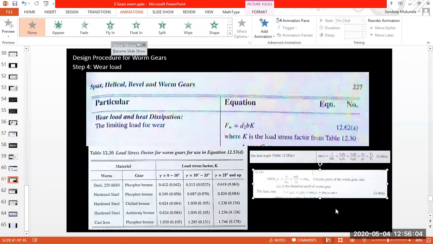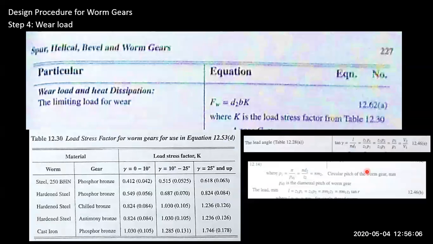L is written as pi m z1, so pi m z1 is substituted in place of L. Therefore pi gets cancelled and you get m z1 over d1.